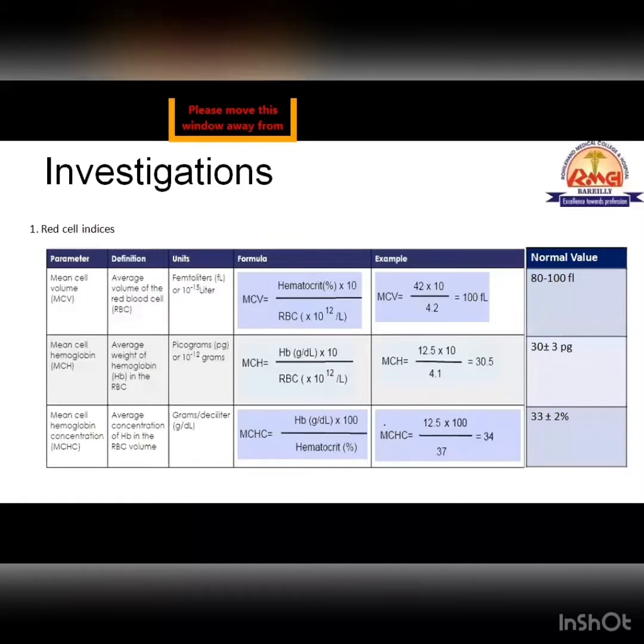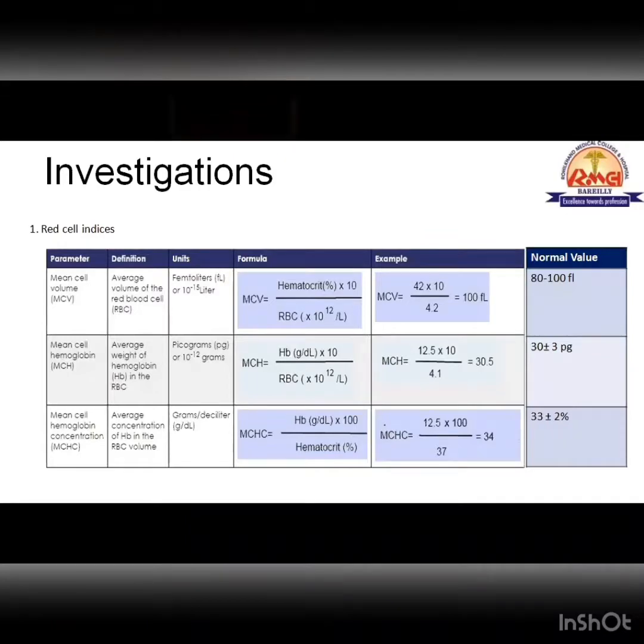Then MCHC, mean corpuscular hemoglobin concentration. It is the average concentration of hemoglobin inside a unit RBC volume. It is expressed in gram per deciliter, and it is usually given as a percentage. It is usually 33, that is, one third.